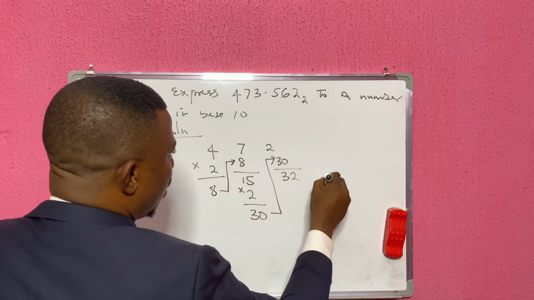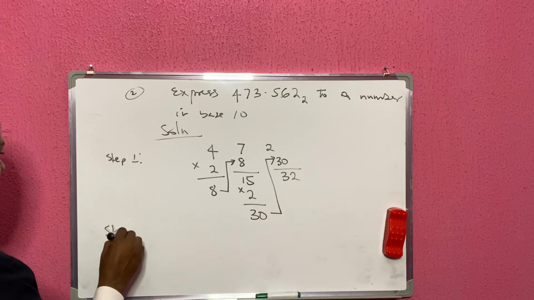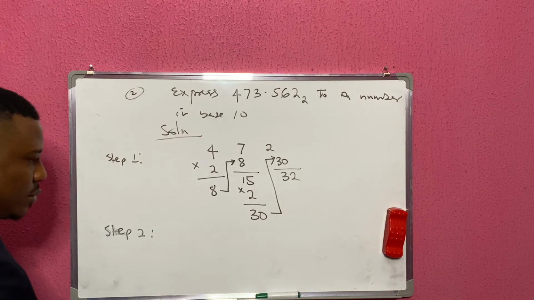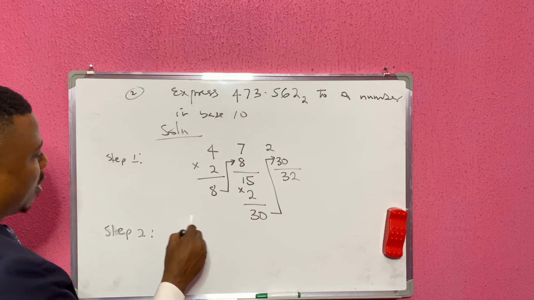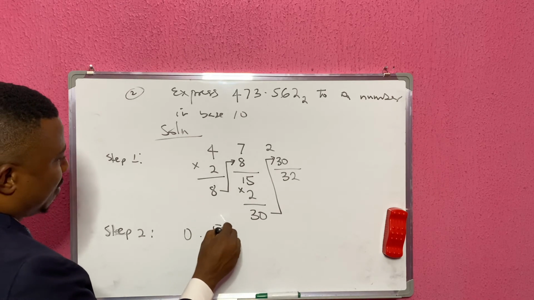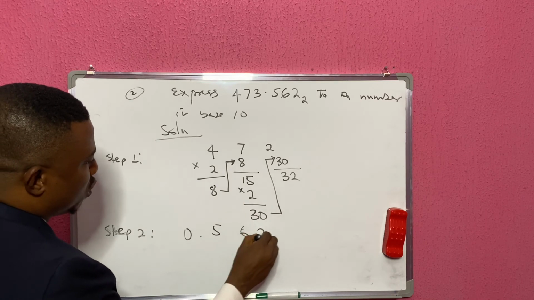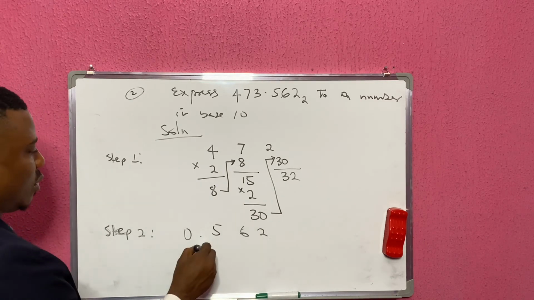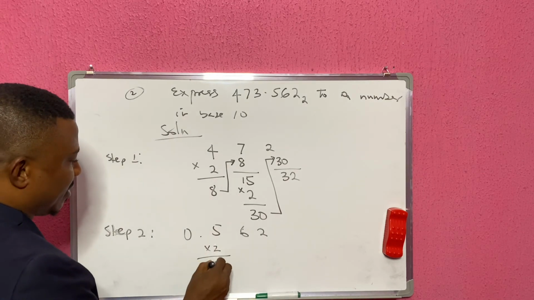Now, step 2. Step 2 you have 0.5652 base 2. Times 2, 2 times 5 gives us 10.